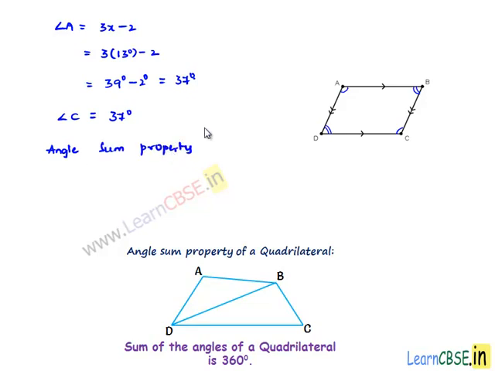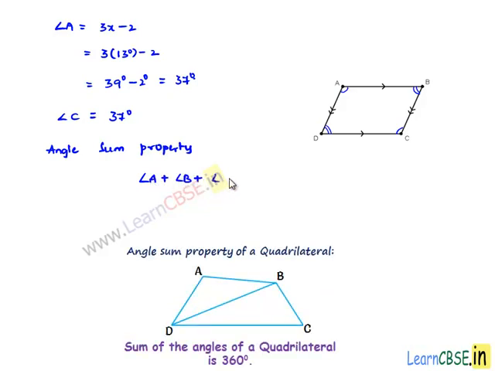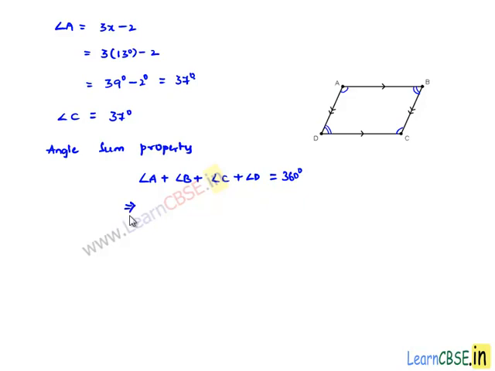Now let us apply the angle sum property in the parallelogram. The sum of angles in the parallelogram is equal to 360 degrees. That is, angle A + angle B + angle C + angle D will be equal to 360 degrees, which implies angle A is 37 degrees + angle B + angle C is 37 degrees + angle D. We know that angle B is equal to angle D, therefore let us substitute B instead of D. That implies 37 + 37 is 74 degrees, plus angle B plus angle B is 2 times angle B, which is equal to 360 degrees.